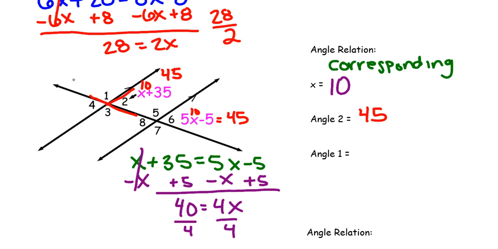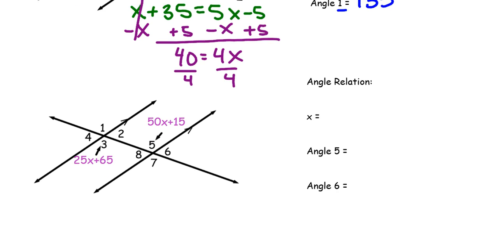So I would take 180, subtract 45, and that would tell me that angle 1 is 135 degrees. So you have to know angle 2 in order to be able to get angle 1. And if angle 2 is wrong, angle 1 is probably going to be wrong as well, which is why I think it's important to check that our x value makes sense in context of our problem.